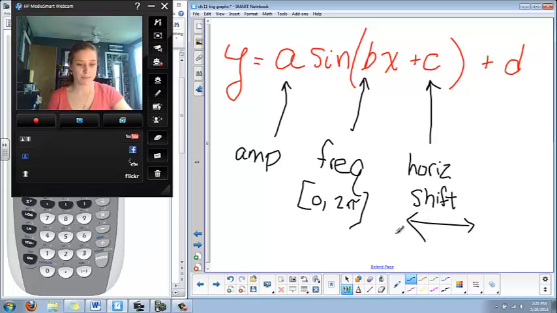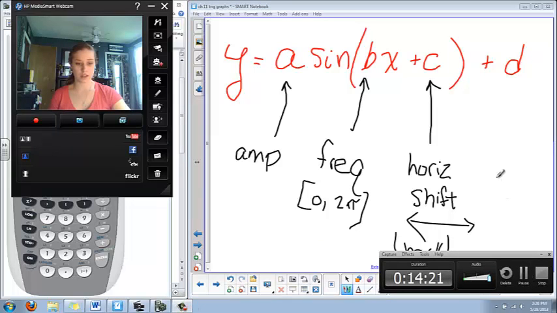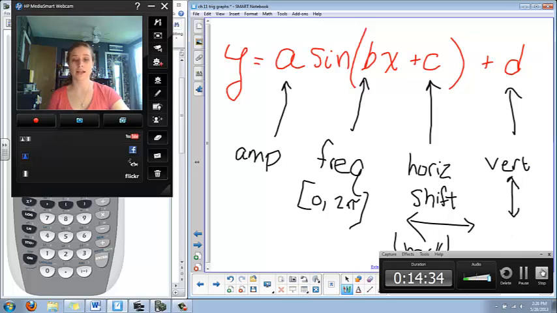And it's kind of backwards. It's backwards from what you think. So meaning if you're adding a number, then we're actually moving to the left. If you're subtracting a number, we're moving to the right. And then the last one, this d, is the vertical shift, going up and down, and that is what you think it should be. If you're adding a number, you're going up. If you're subtracting a number, you're going down. And I'm going to stop right here.